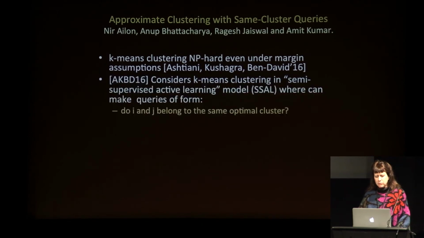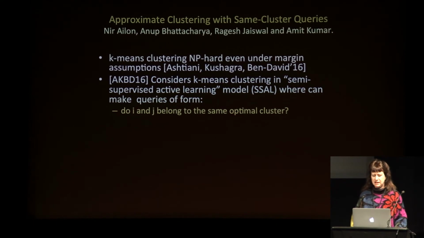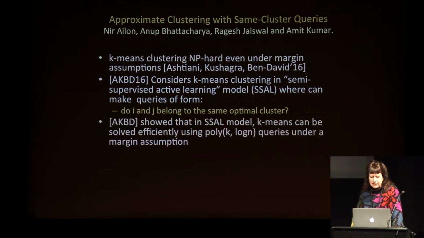This motivated considering the problem, rather than in this unsupervised setting, in a semi-supervised setting, where you can make queries of the form, do these two points belong to the same optimal cluster? What Ashtiani et al. showed was that in this model, you can solve k-means efficiently using relatively few queries of this type under a margin assumption.